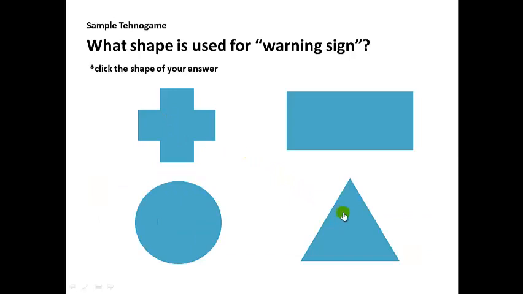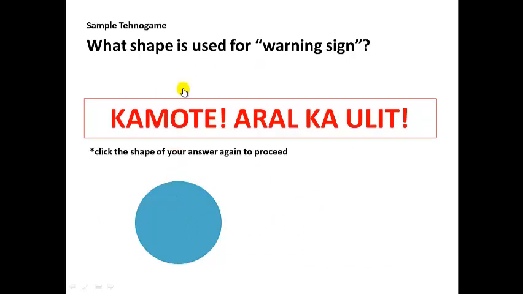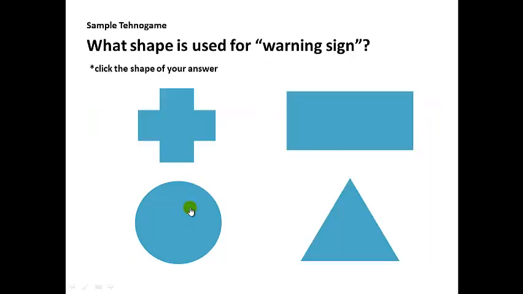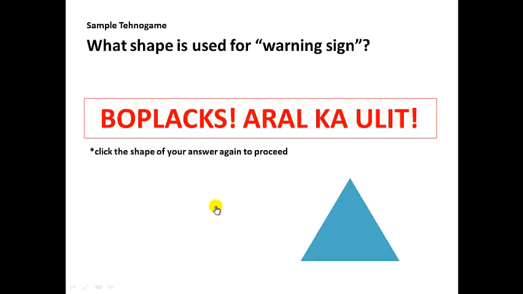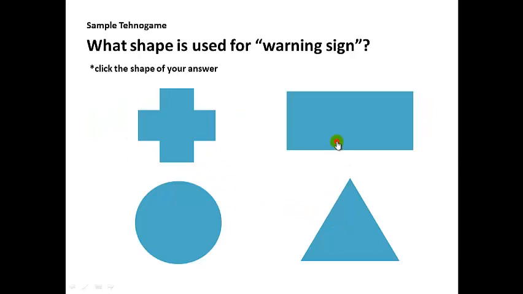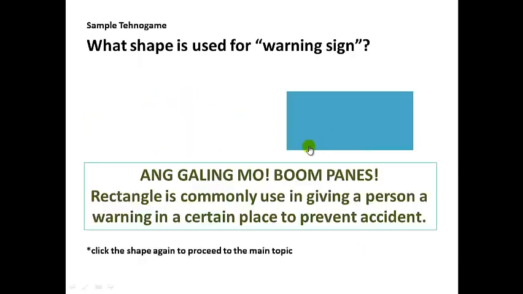Let's try this circle. Wrong answer again. Let's try triangle. It's wrong again. Then let's try rectangle. Now we get the correct answer, which is the rectangle.